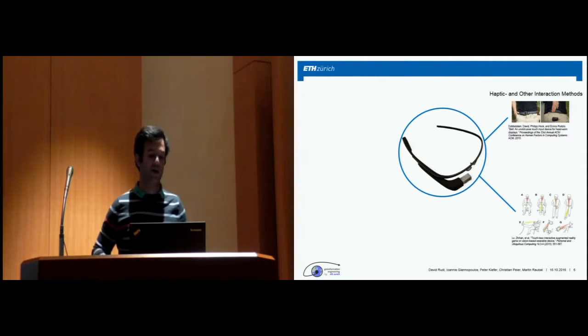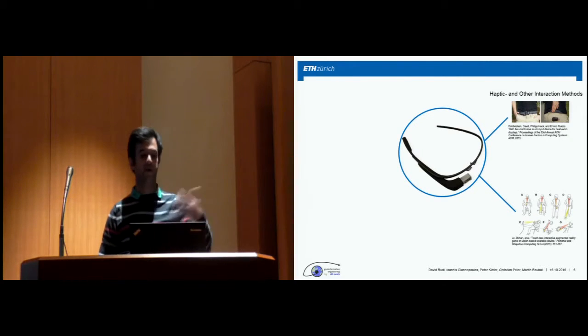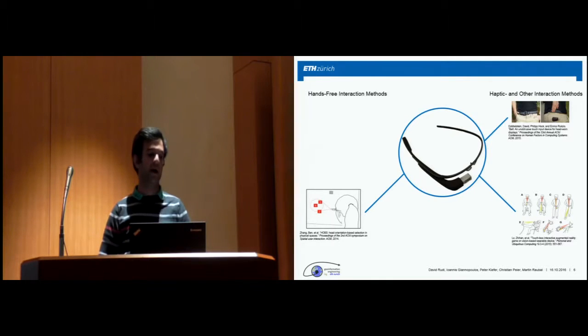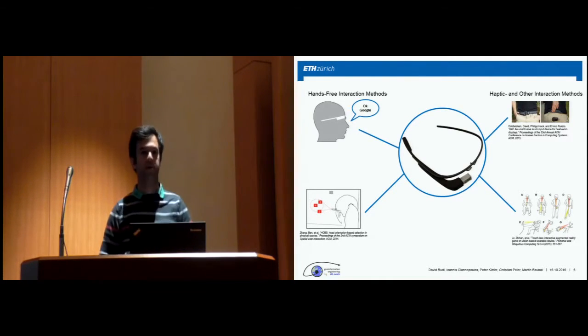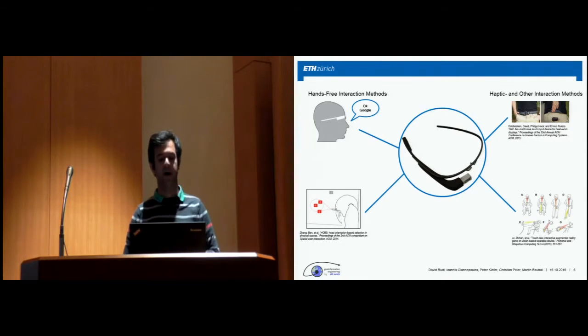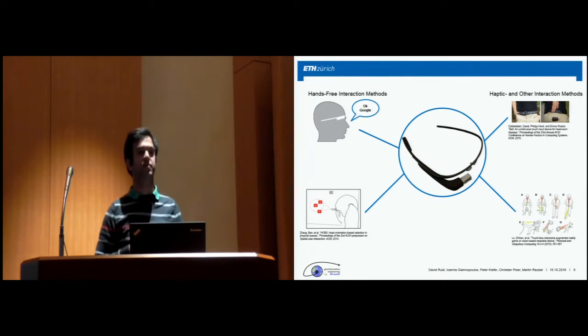There are other interactions which suggest using sensors in the shoes to have feet interactions or even gesture interactions. Further interactions include hands-free solutions like using head motions, or the quite more common or older one, voice recognition approaches. However, all of these have their downsides, of course.